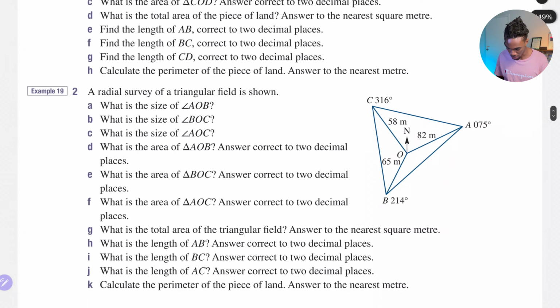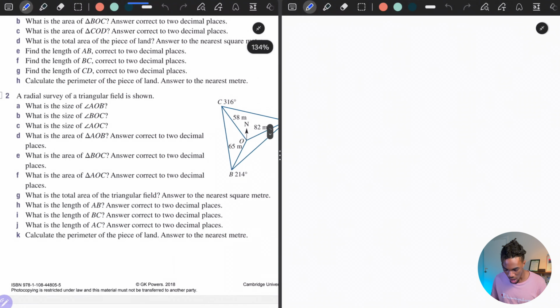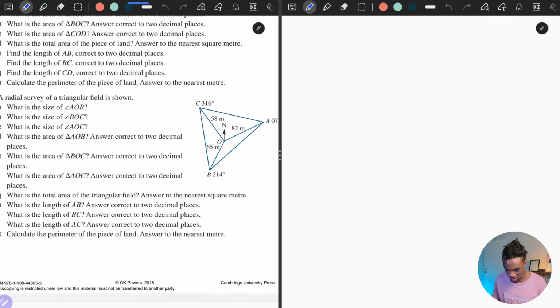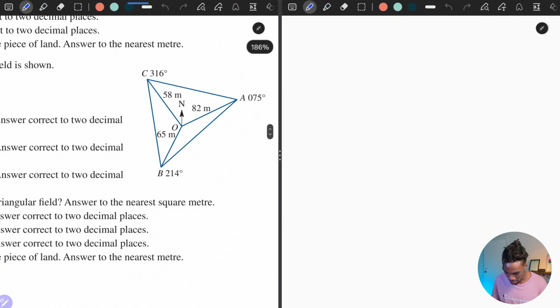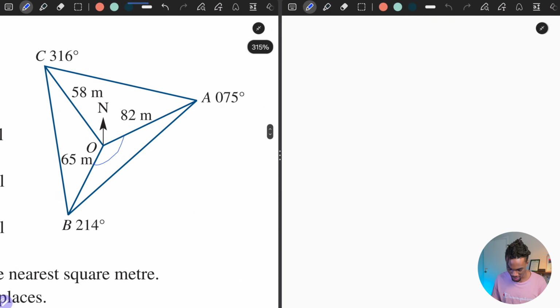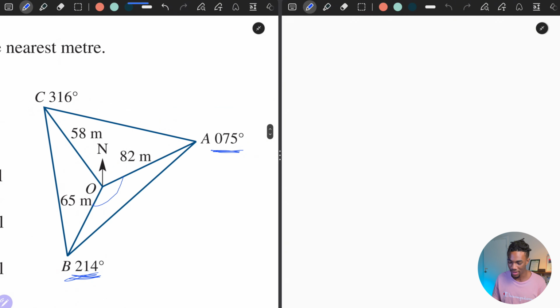Let's have a look at number 2. A radial survey of a triangular field is shown. What is the size of angle AOB? AOB is going to be this one here. What is its size? If we have 214 here and 75 degrees here, all we have to do is minus them.